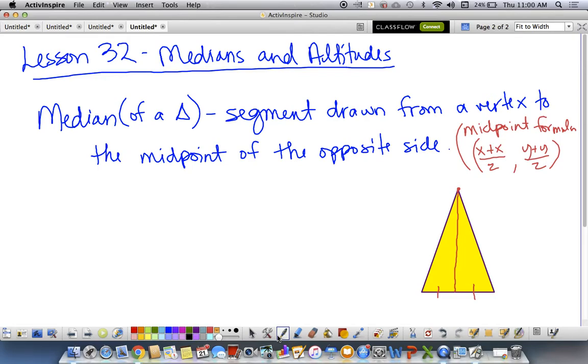How many medians could I draw in a triangle? From a vertex, how many vertices do we have? 3. Could I draw one from this vertex to the midpoint of that opposite side? So this vertex has an opposite side, so I'm going to pick where that midpoint is, and then connect them. So this side's going to equal that side. That's a median.